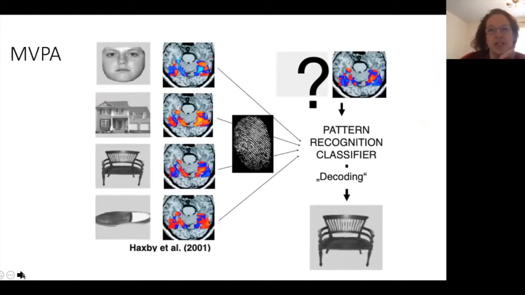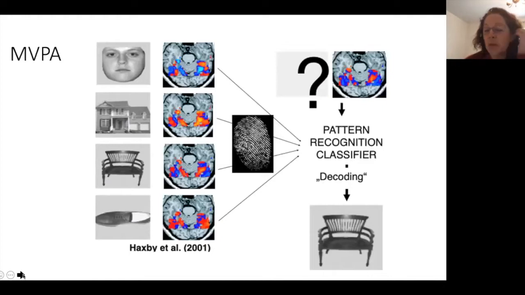So here is just a very quick illustration of how multi-voxel pattern analysis works. So what you would do, this is an early study, perhaps really the first study published using these kinds of methods. They showed subjects different categories of visual stimuli, so faces, houses, chairs, and shoes.